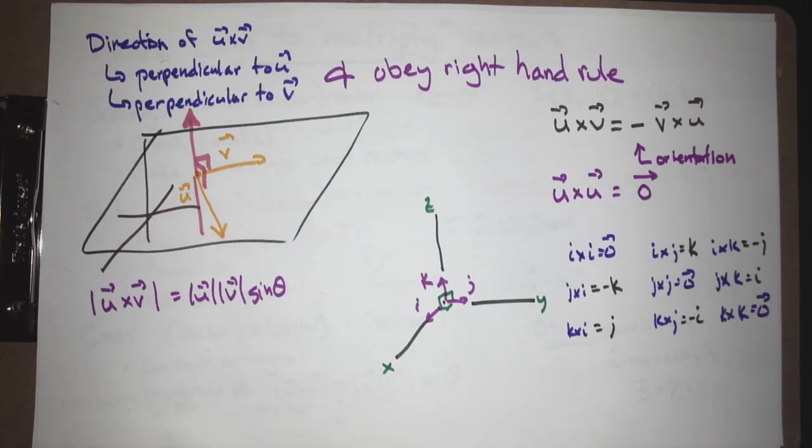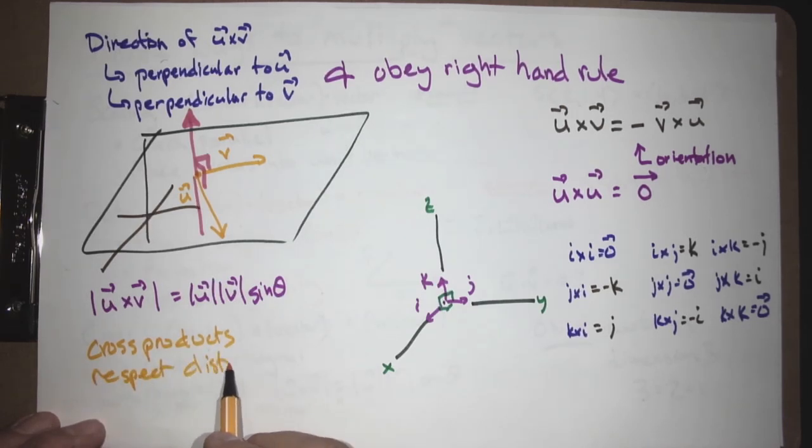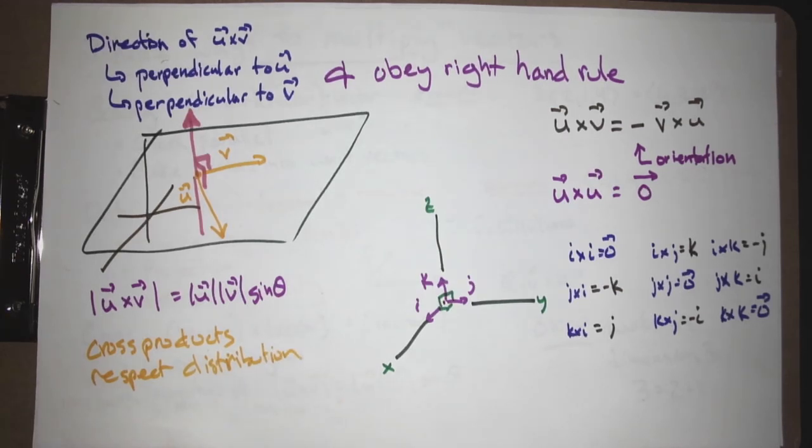Now there's one other nice fact I should have mentioned, and I'll mention it now, is that cross products respect distribution. So that's just another way of saying, oh, I can do the following.